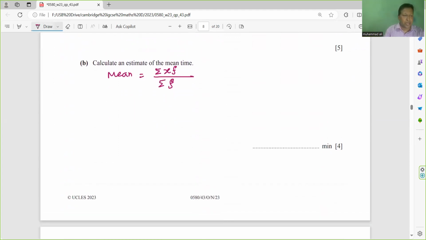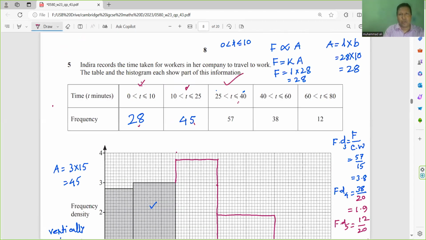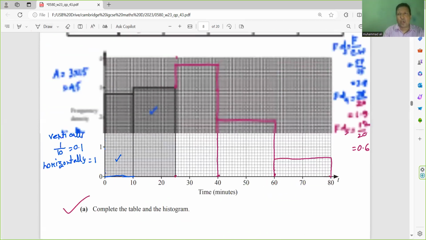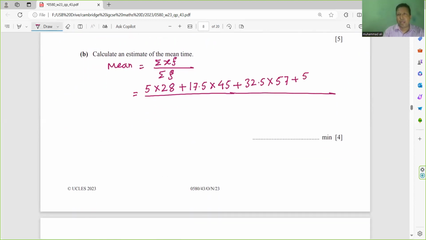The first interval 0 to 10, the midpoint is 5, so 5 multiplied by 28, plus the second midpoint 17.5 multiplied by 45. The third, 25 to 40, midpoint is 32.5 multiplied by 57, plus the midpoint of 40 to 60, which is 50, multiplied by 38, plus 70 multiplied by 12, divided by the total frequency.